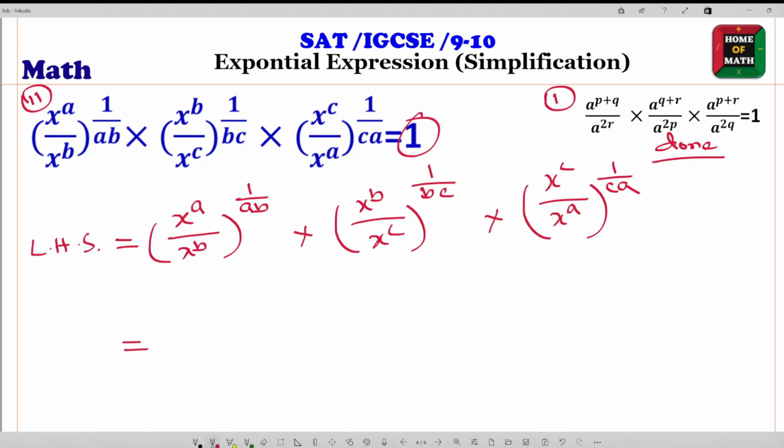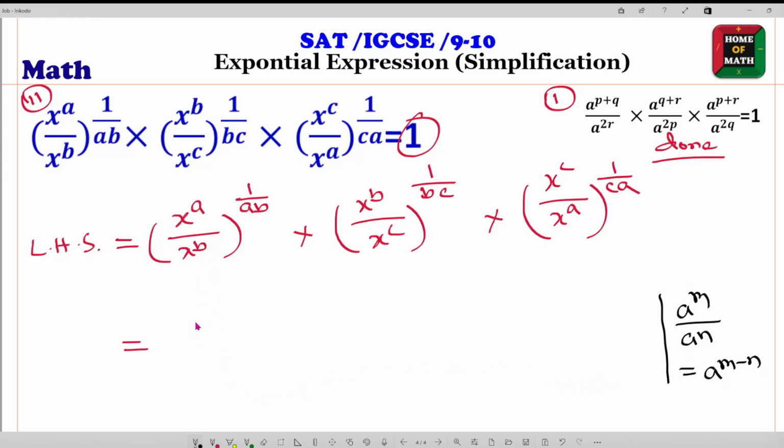Now we already know several laws of indices. First one, a to the power m divided by a to the power n means a to the power m minus n; bases are the same, so the power will be subtracted once we divide.